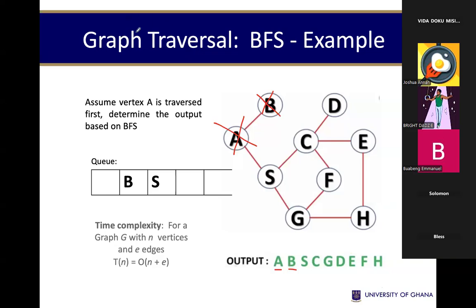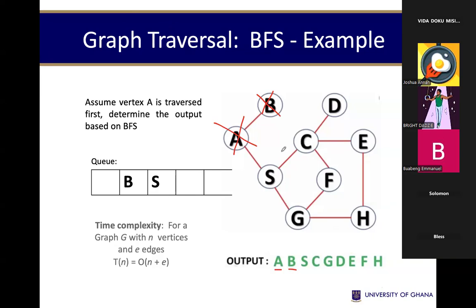Okay. Now once B goes, the next person in the queue is basically S, this guy. So when I pick S, all I'm going to do is say, hey, S, I'm here to visit you. Do you have any friends before I serve you? S said, yes, I have 2 friends standing beside me, C and J. Oh, okay, I cannot serve C and J now. So go and put them at the back of the queue.